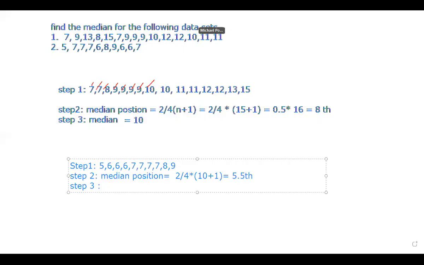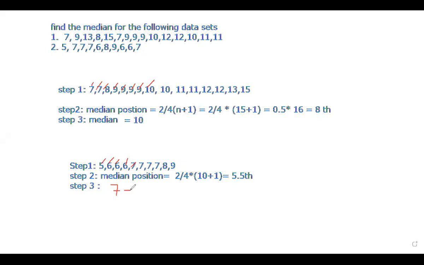Step 3: we count to the 5th position. Let's go and look for the 5th position. That will be 1, 2, 3, 4, 5. So the 5th position is 7.